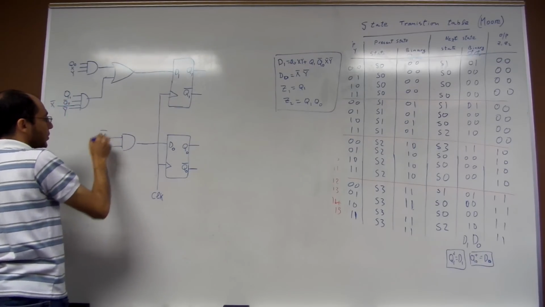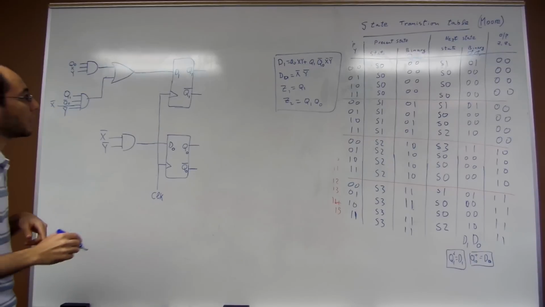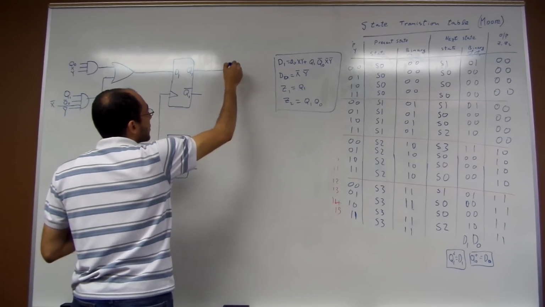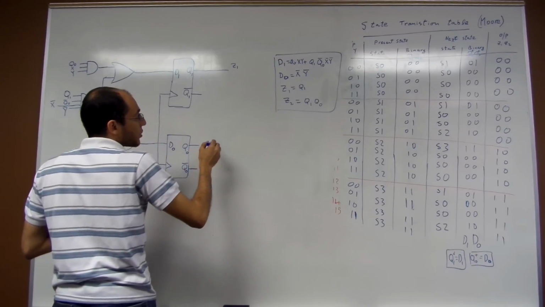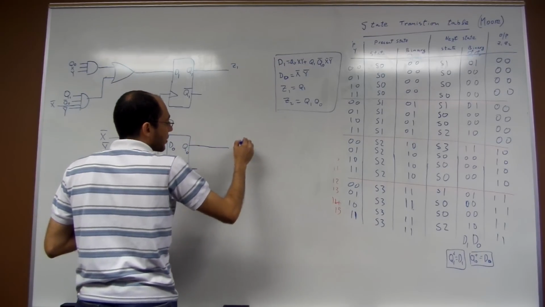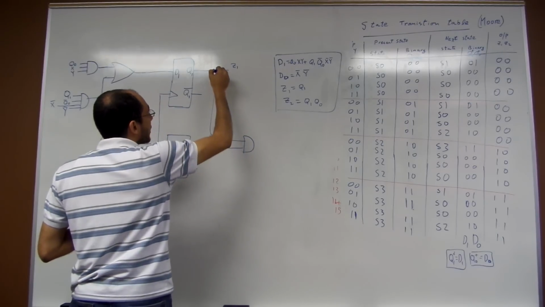What's the first one? It's X bar. The second one is Y bar. And the Z1 is Q1, so this is Z1. And Z2 is ANDing between 2 things, Q1 and Q0.